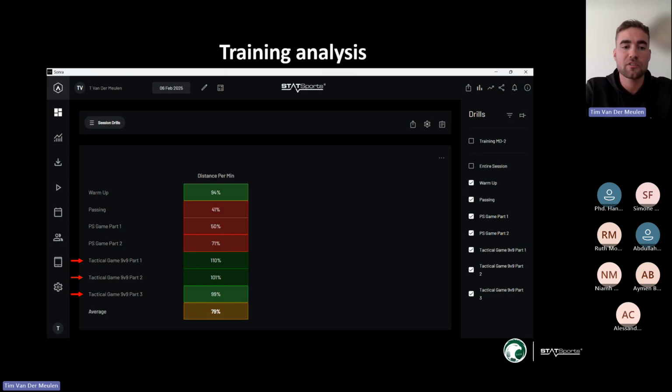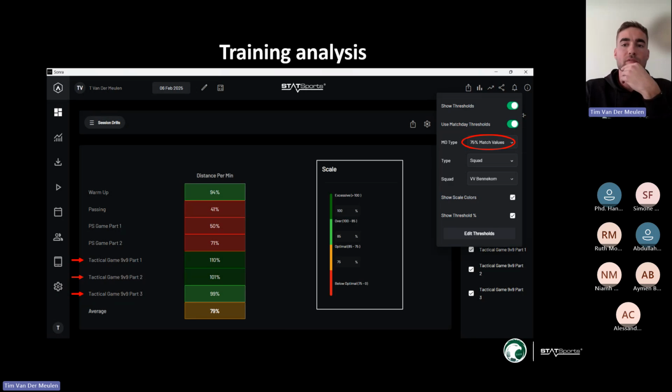So 3 different parts, as you can see, and all those parts were based on a duration of 6 minutes, focusing on the distance per minute, as we want to compare the distance per minute with the most intensive period of 11v11 games. So what I did is compare those metrics, this intensity from the distance per minute, with the most intensive periods of 6 minutes.